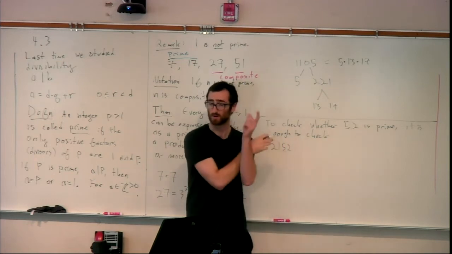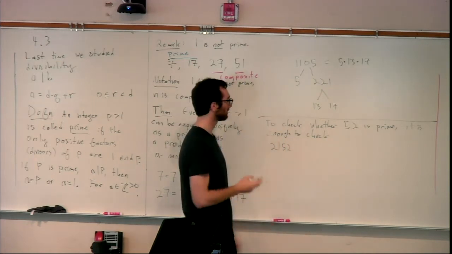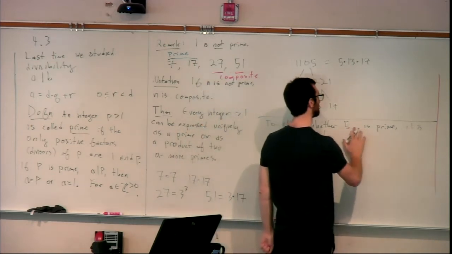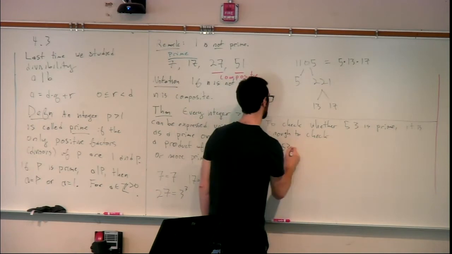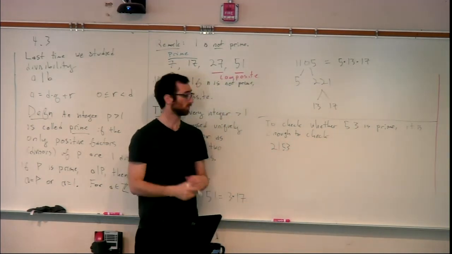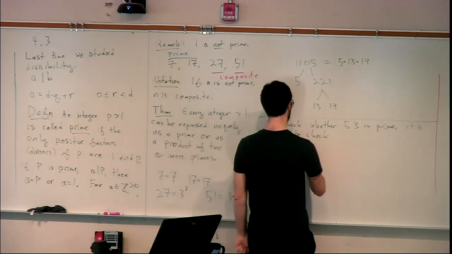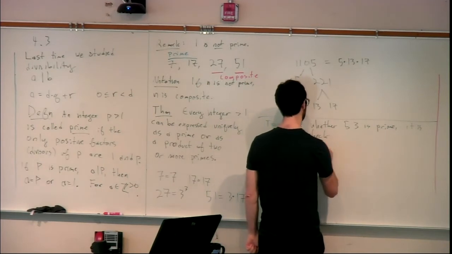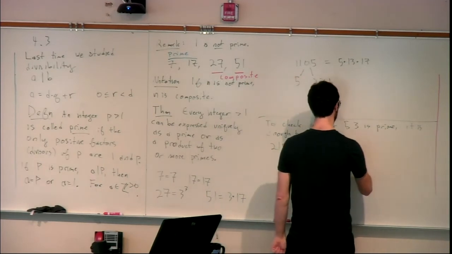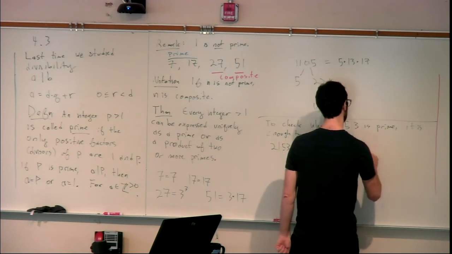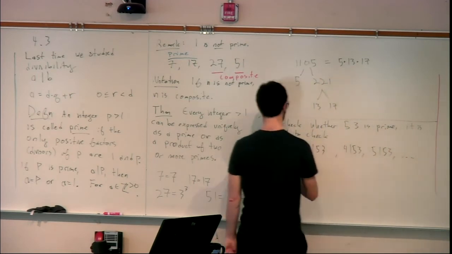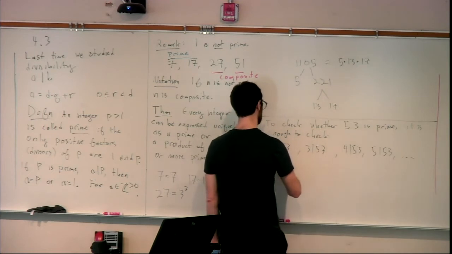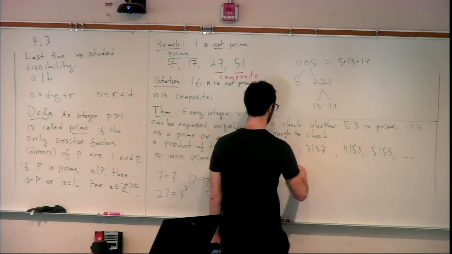It does, so immediately we know 52 is not prime. Maybe I should pick a different one. Let's do 53. In order to check whether or not 53 is prime, we could check whether 2 divides 53, does 3 divide 53, does 4 divide 53, does 5 divide 53, and so on and so forth, all the way up to checking, does 52 divide 53?